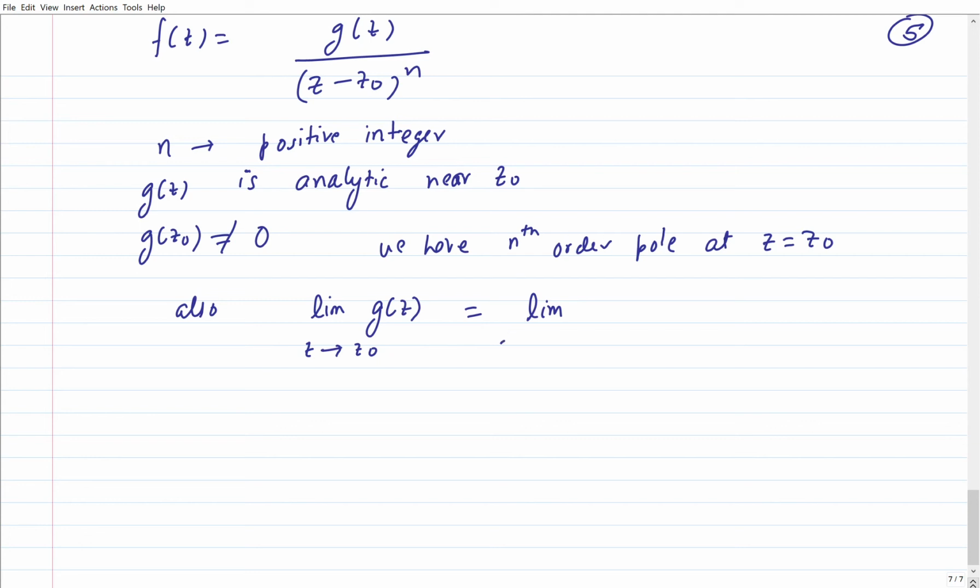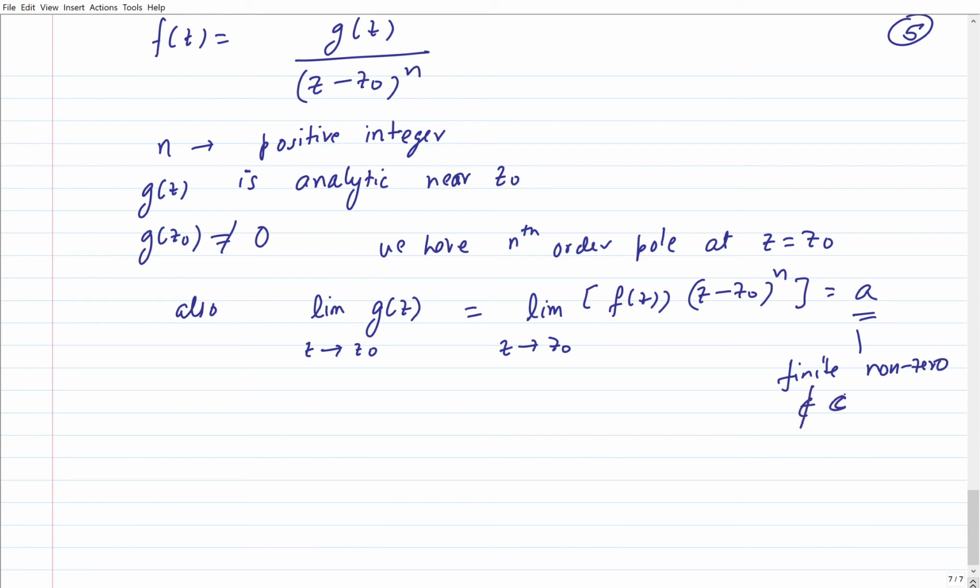That gives me the limit of z goes to z0 of fz times z minus z0 to the power of n, and let me say that that comes out to be a. So if a is a finite non-zero number, an element of the complex numbers, then I say that I have an nth order pole.